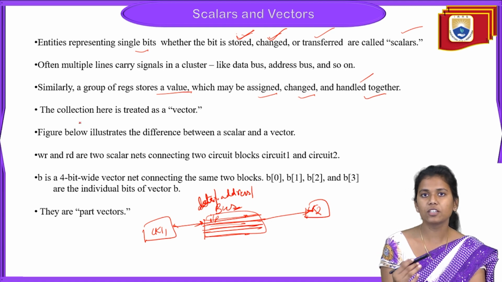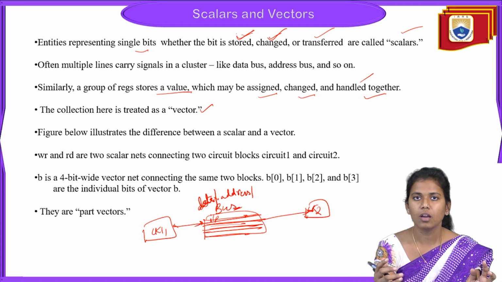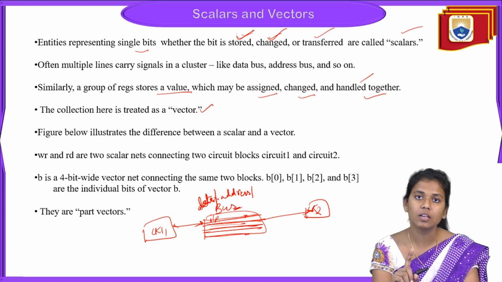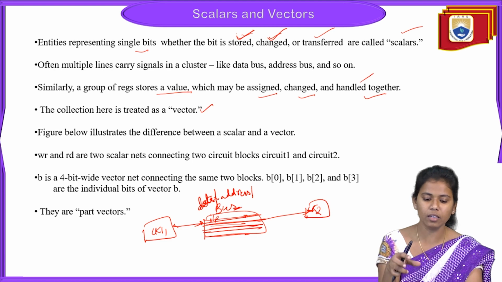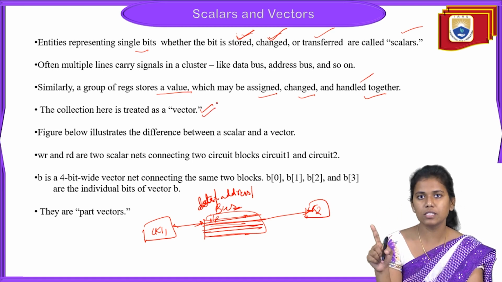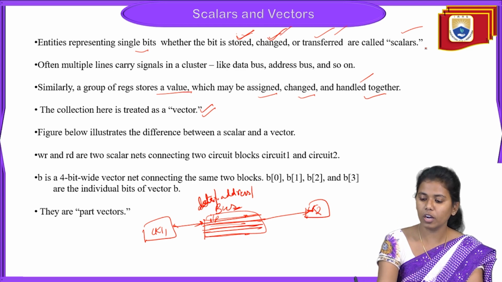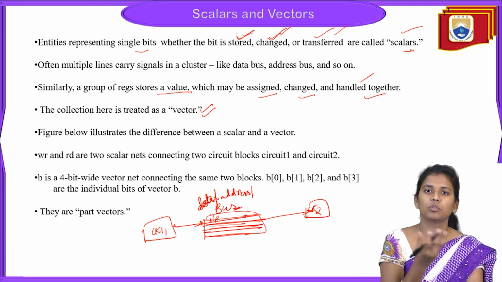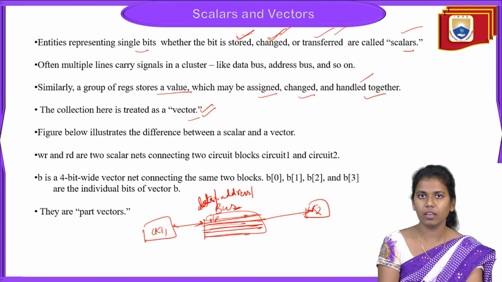Then the collection here is treated as a vector. All the collections of variables, not only pertaining to one register but many registers, with the values stored together, are called vectors. A single bit that can change or transfer is a scalar, but a group of bits in the form of a register is called a vector. This is the difference between scalar and vector.